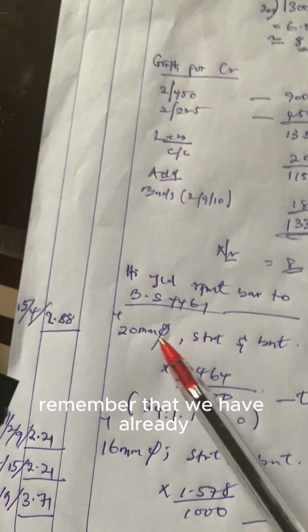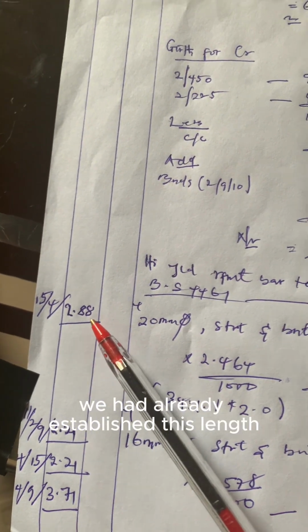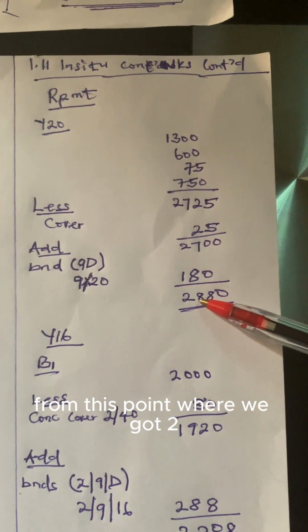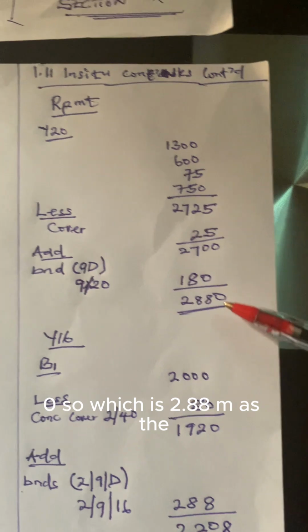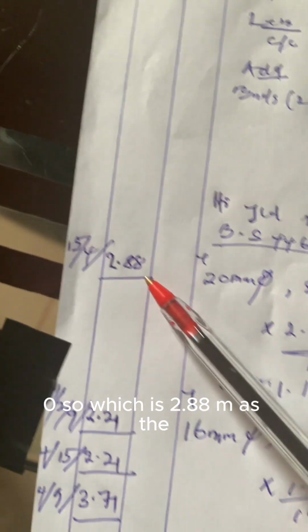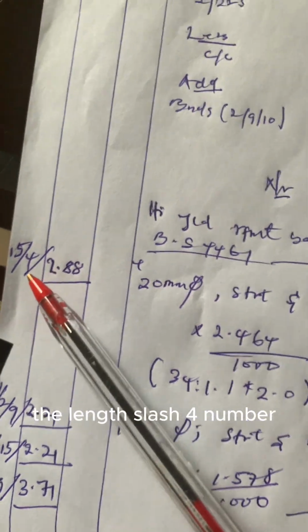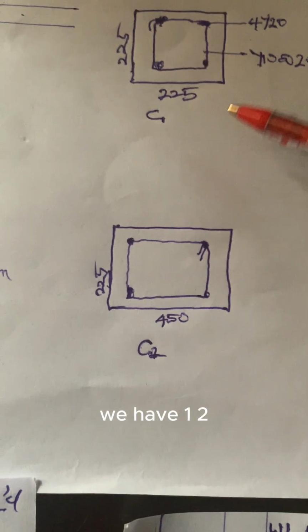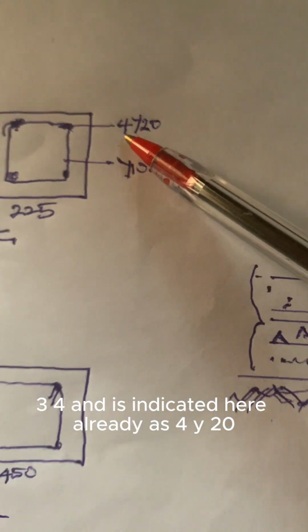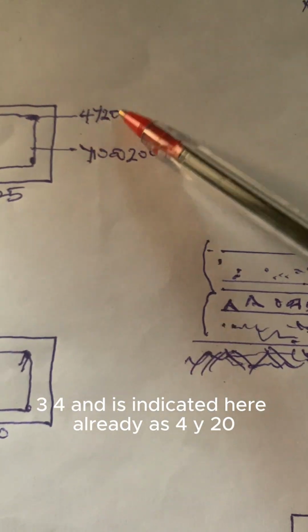Remember that we had already established this length from this point where we got 2880, which is 2.88 meter as the length, slash 4 number, because we have 1, 2, 3, 4, and it's indicated here already as 4Y20.